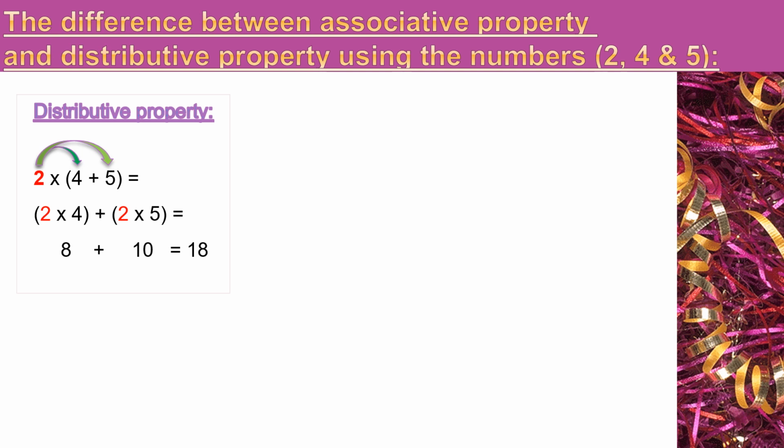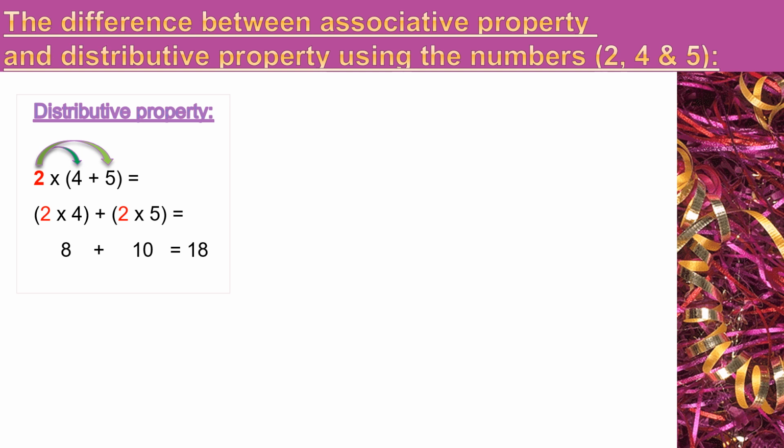Because I distribute this 2 to 4 and 5. So 2 will be multiplied by 4 and added to 2 times 5. So 2 times 4 plus 2 times 5. And we said when I have brackets, I must solve what is between brackets first.